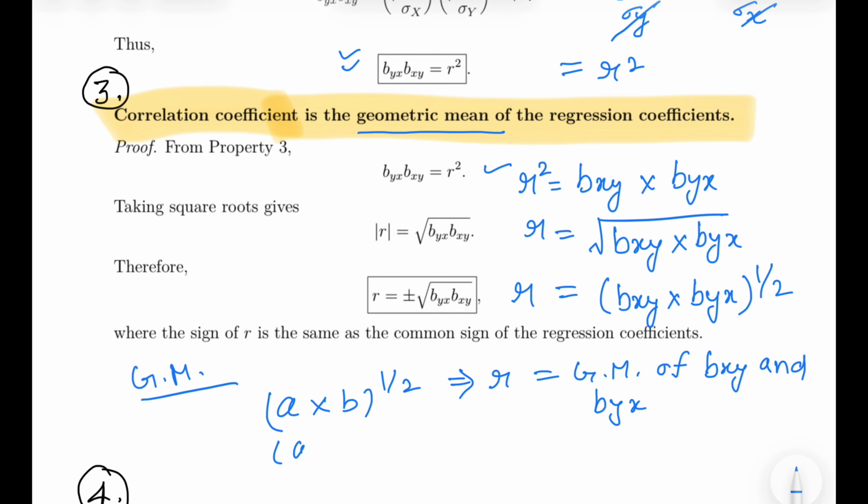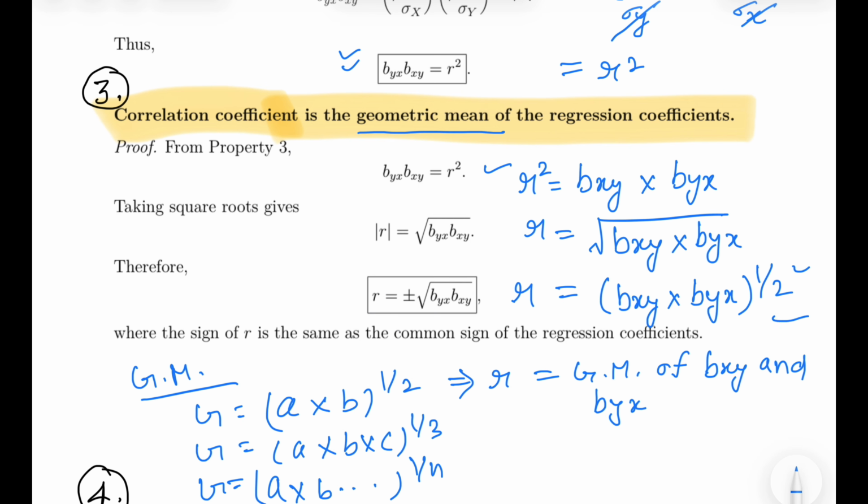For three numbers, it is a into b into c raised to the power 1 by 3. In this way, for n numbers, it is a into b into these n numbers raised to the power 1 by n. This is how you calculate geometric mean. So for two numbers bxy and byx, it is bxy into byx raised to the power 1 by 2. So you can clearly see that the correlation coefficient is the geometric mean of the two regression coefficients.